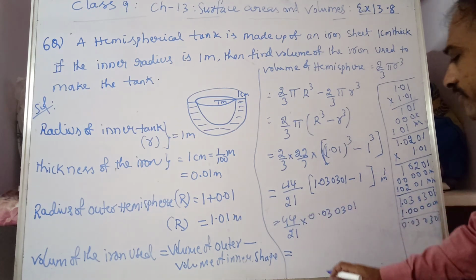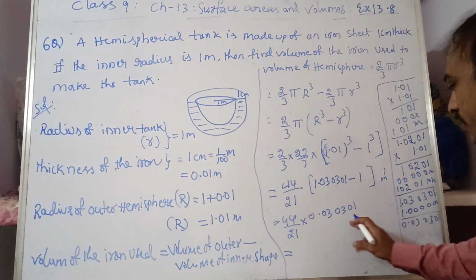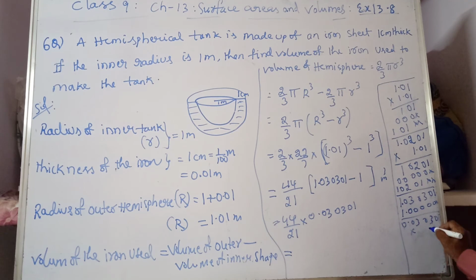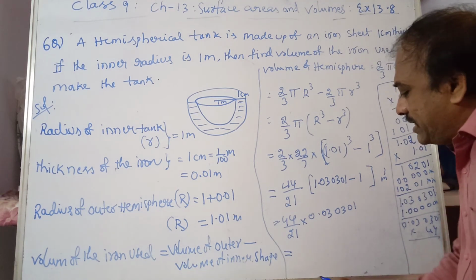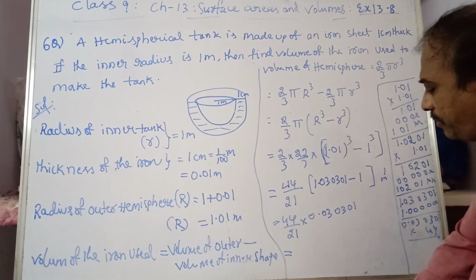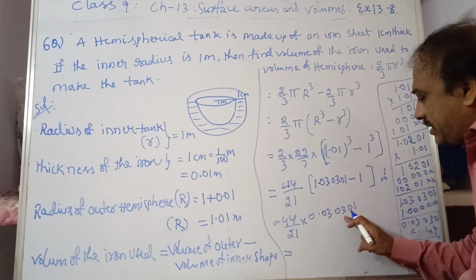Now if you multiply this answer by 44, approximately it is around 0.030301.